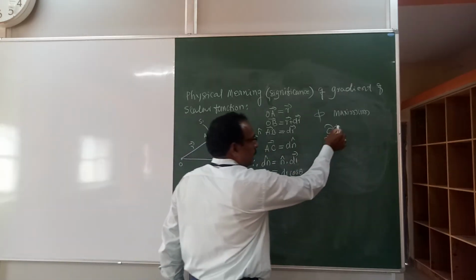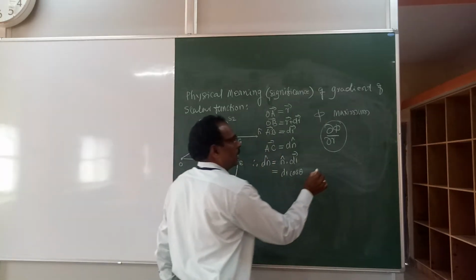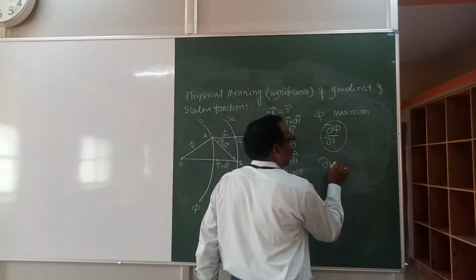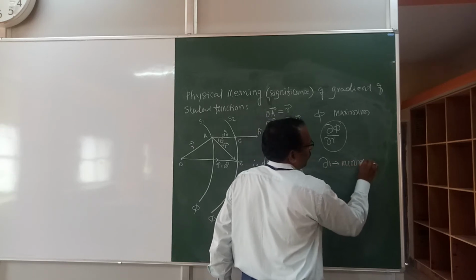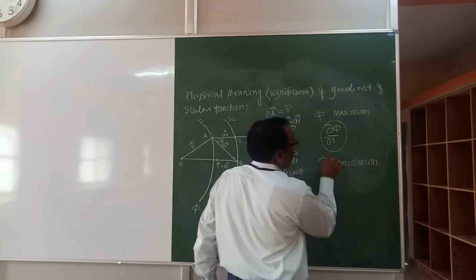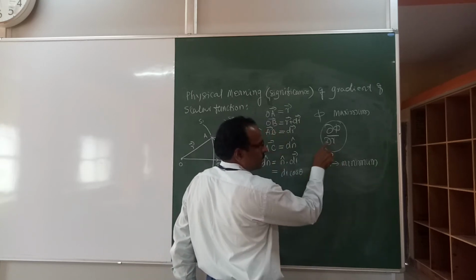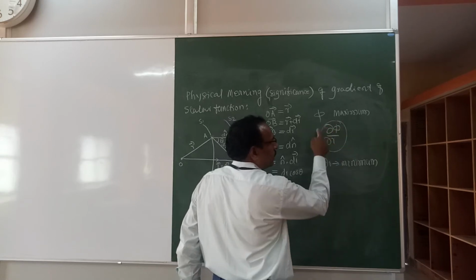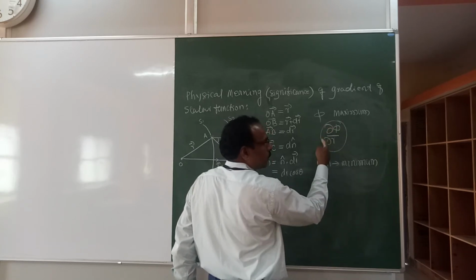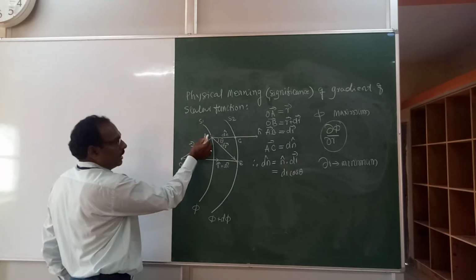This rate of increase will be maximum provided dou r is minimum. Hope you got this. If this denominator, the change in displacement or distance, is minimum, this will be maximum, and we are calling this dou phi by dou r the rate of increase of a scalar function.